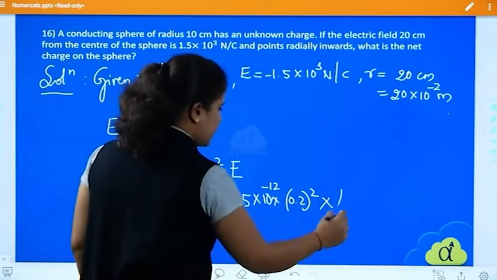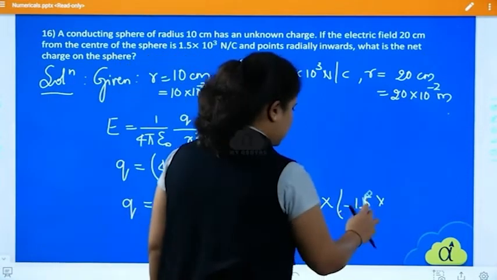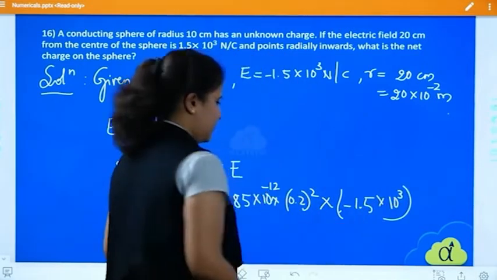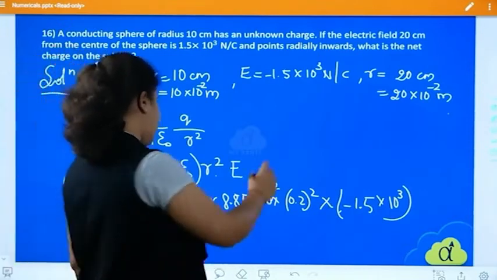E is minus 1.5 into 10 raised to 3 newtons per coulomb. Solve this and let me know what answer you get.